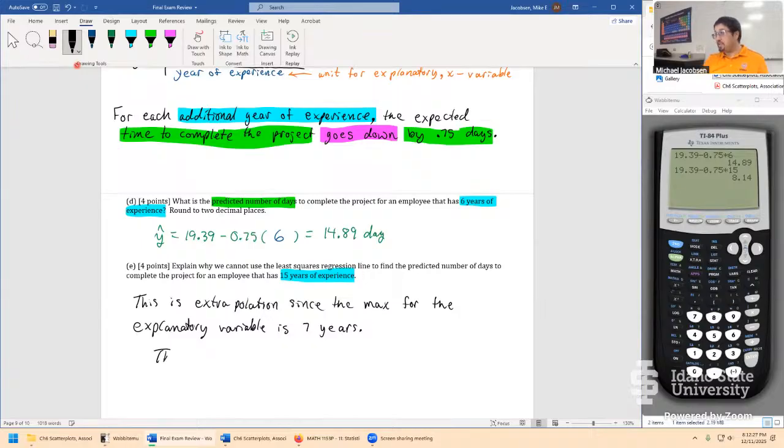So this means the predicted value cannot be trusted.